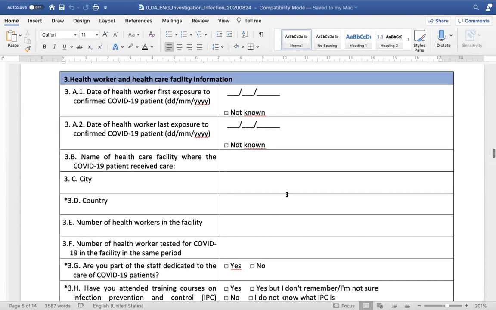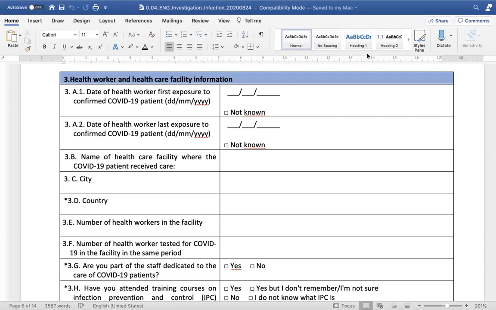The third section is on the health worker and the healthcare facility information. These are additional information to help us actually categorize the infection and the context very well. Date of the health worker first exposure to confirmed COVID-19 patient. If you know it, you state it. If you don't know, you indicate it.